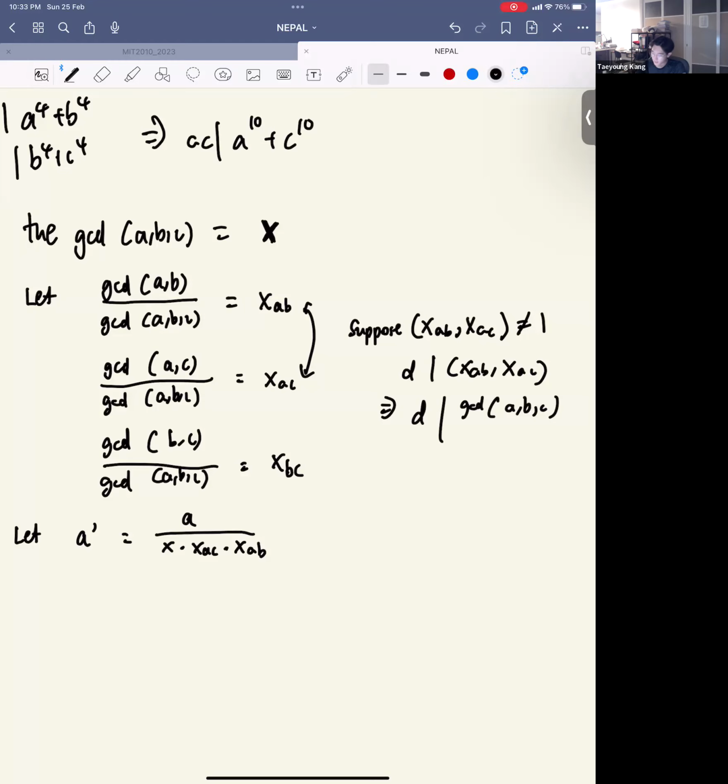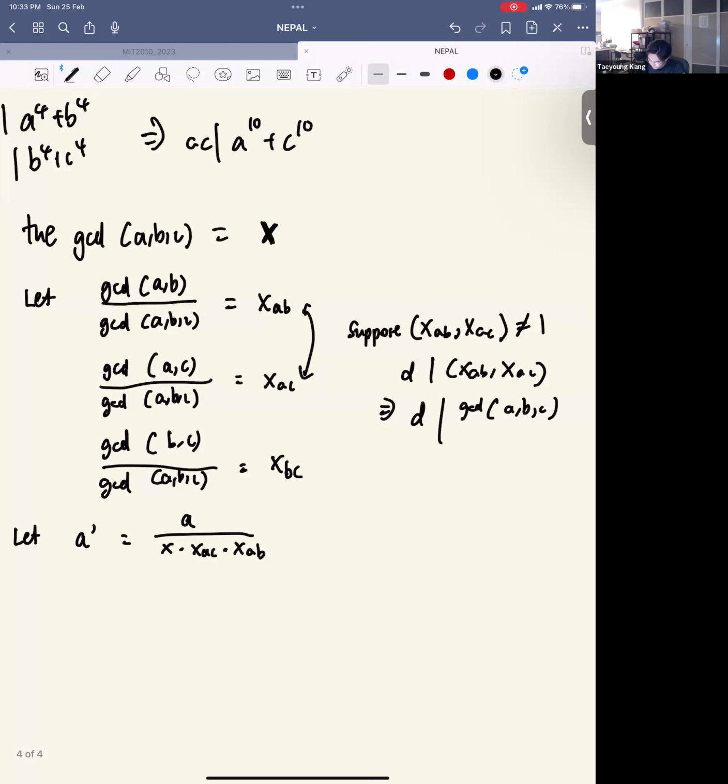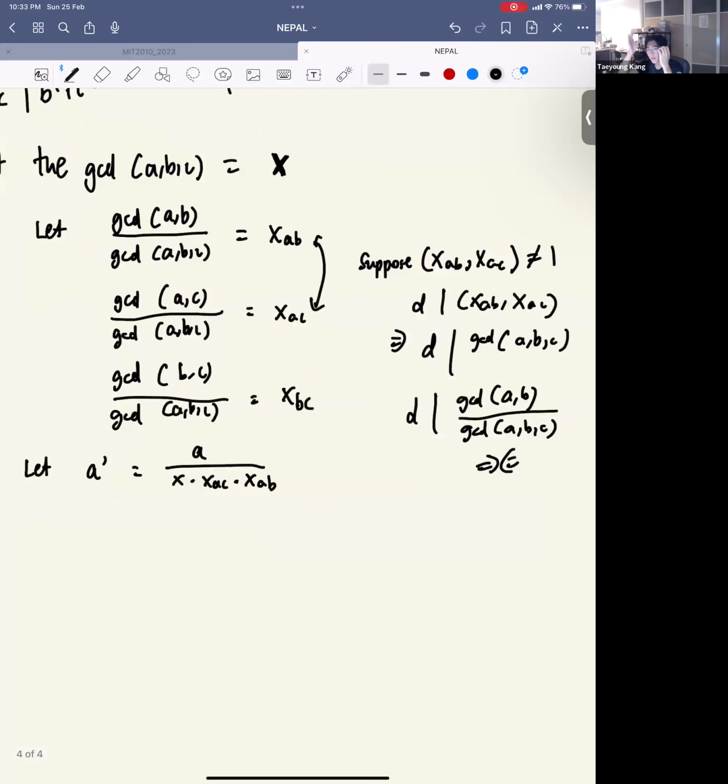But that cannot make sense since D divides the GCD of AB divided by the GCD of ABC, since the GCD of ABC in the denominator should have divided out all possible common factors, right? So contradiction. So everything here must be integers.